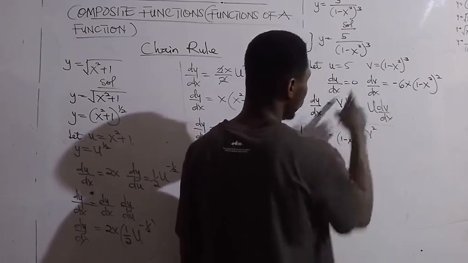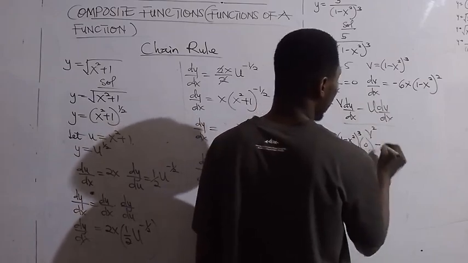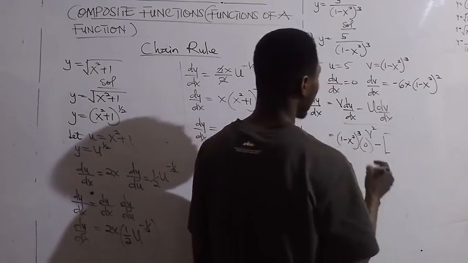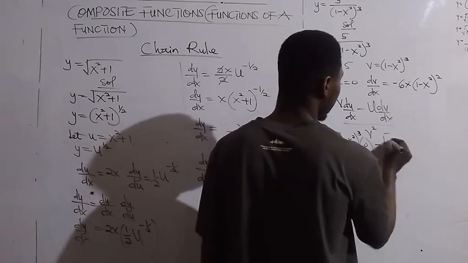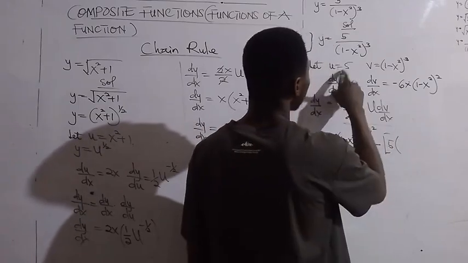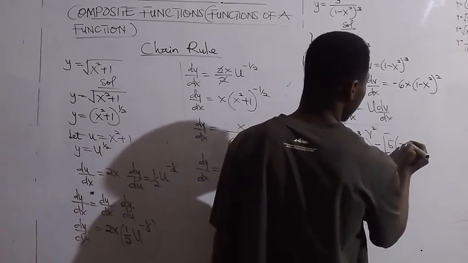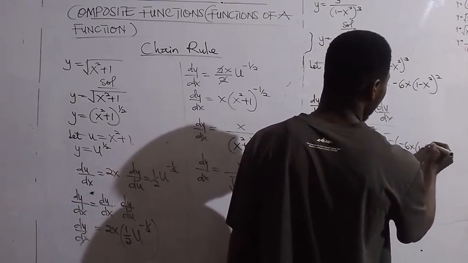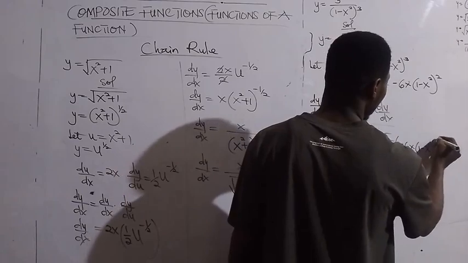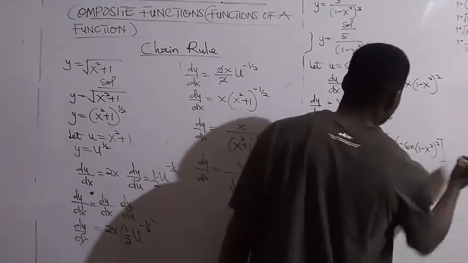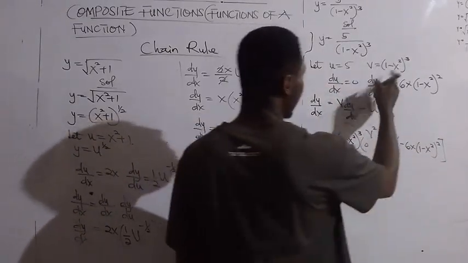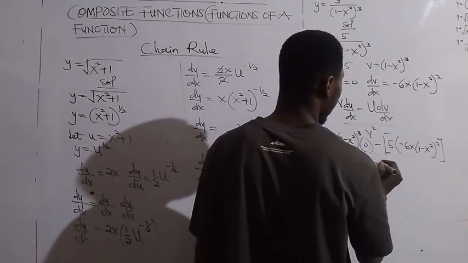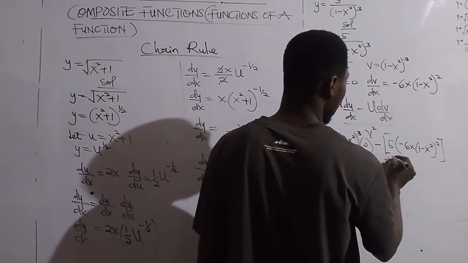What is du? Du is 0. Minus, what is u? U is 5. What is dv? dv is negative 6x, 1 minus x squared exponent 2, all over v squared. What is v squared? V squared is 1 minus x squared cubed.